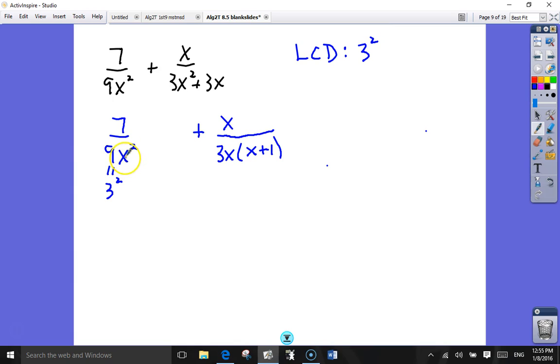Let's see, there's an x in the first denominator, and there's an x in the second denominator, and there's an x plus 1 in the second denominator. Because the x is actually squared in the first denominator, it needs to be squared in the least common denominator. So here's our least common denominator, 9x squared times x plus 1.